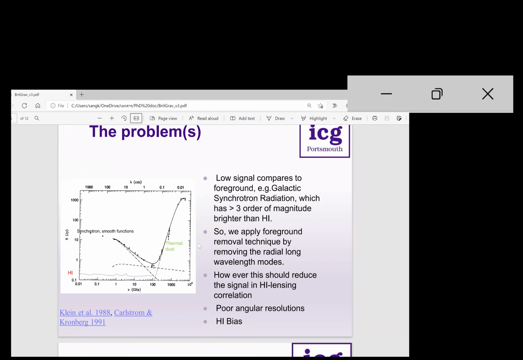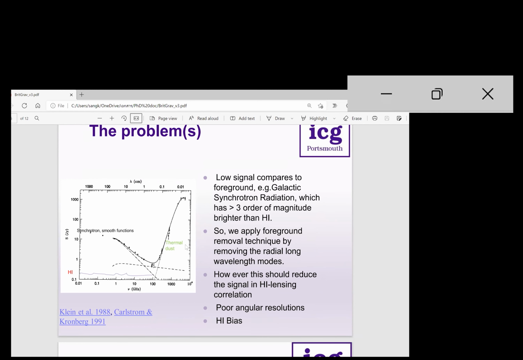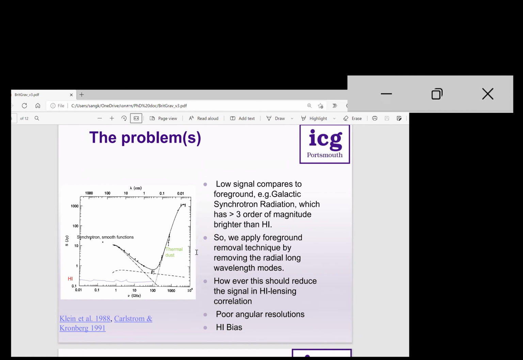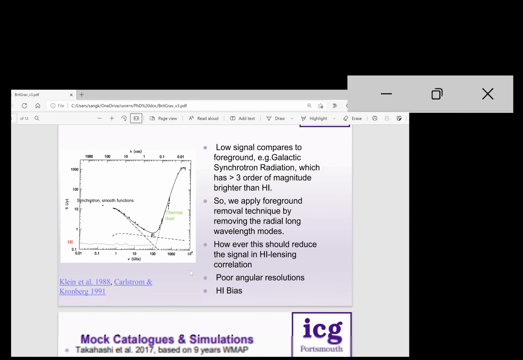However, when doing that, it reduces the signal of the H1 and lensing correlation. Another problem is that because we measure the intensity instead of identifying particular point sources, it has poor angular resolution. And for the H1 bias, we still don't know much about it.